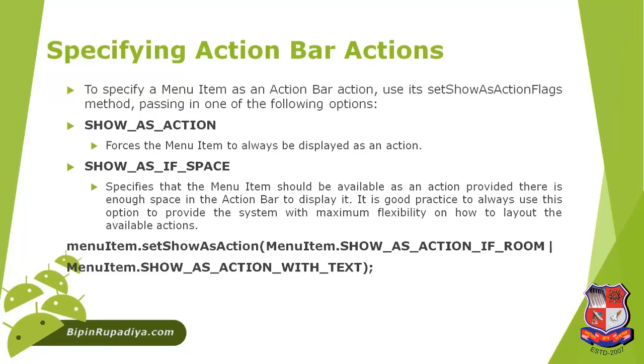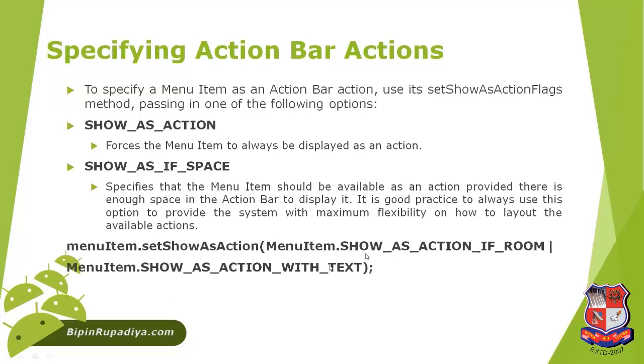So if there is any room, then you want to showcase this. These kinds of flags you can set on the menu item with the help of one specific method on the menu item object, that is menuItem.setShowAsAction, where you need to set this flag.